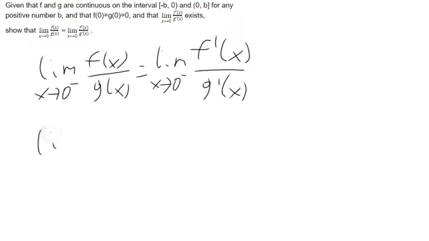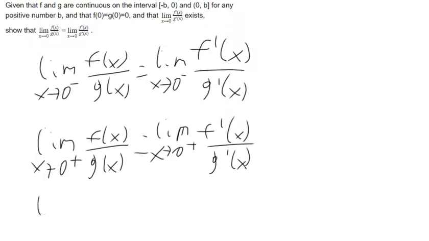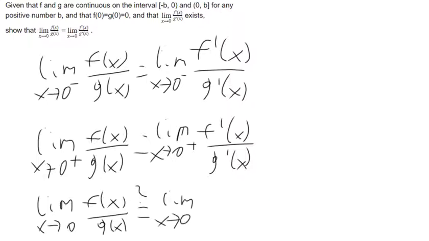And we can say that the limit as x goes to 0 from the right of f of x over g of x equals the limit as x goes to 0 from the right of f prime of x over g prime of x. So what does this tell us about the two-sided limit? I'm going to say the limit as x goes to 0 of f of x over g of x, and we want to see if this equals the limit as x goes to 0 of f prime of x over g prime of x.